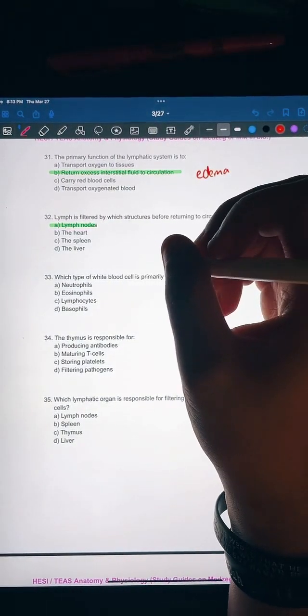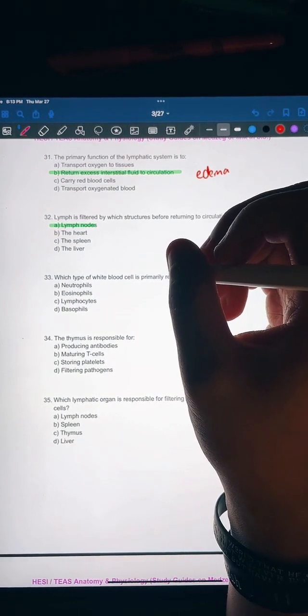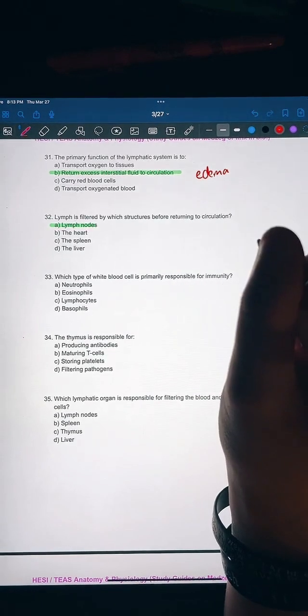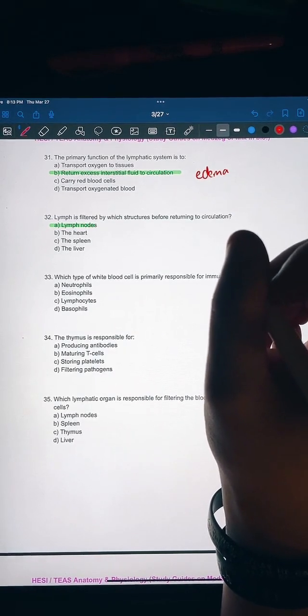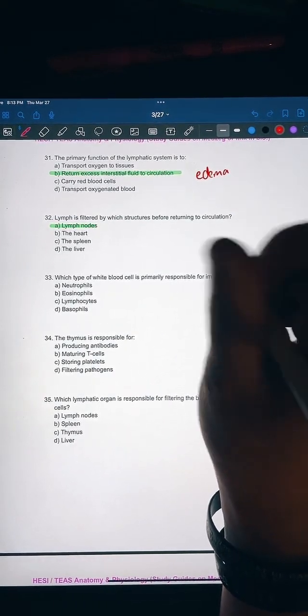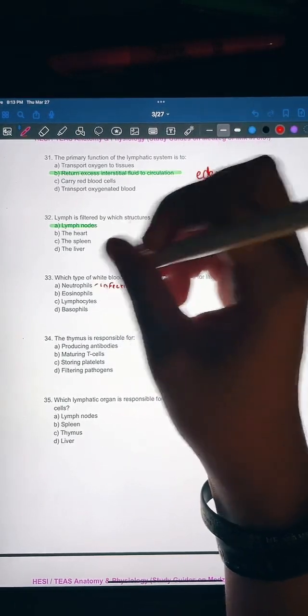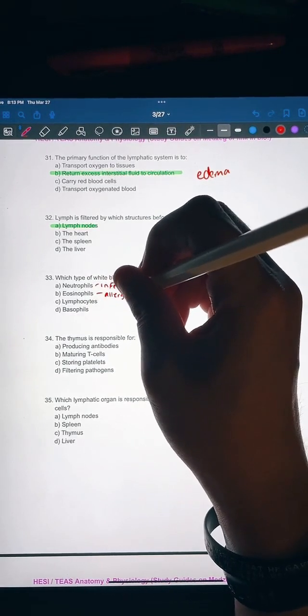Not necessarily the answer, but neutrophils are part of the innate immune system, and they fight off infections through phagocytosis. But they're not primarily responsible for immunity itself. So this is more for infection. Eosinophils are more so in our allergic reactions.